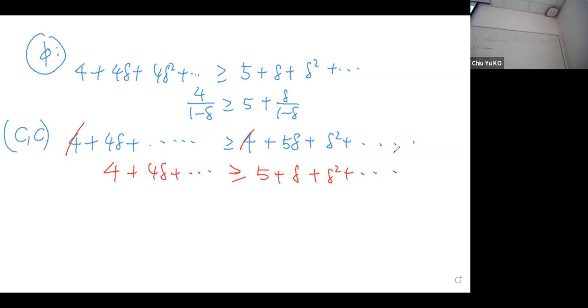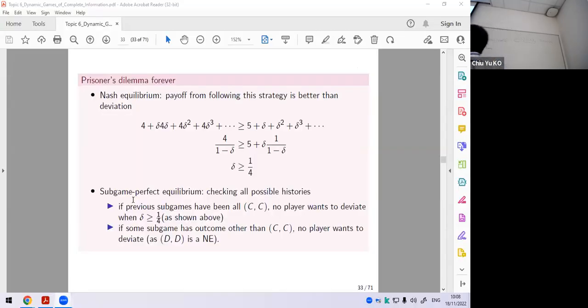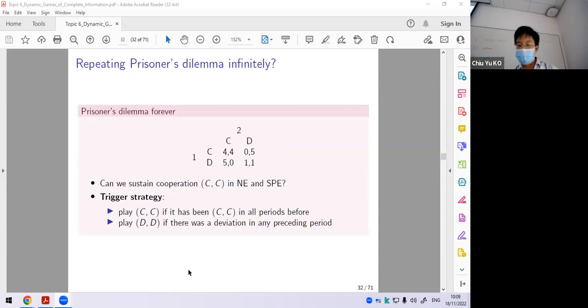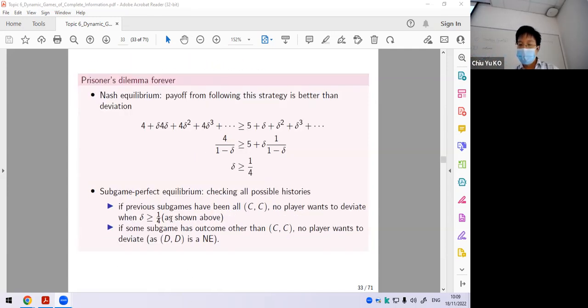Now, how you can check subgame perfection is to check all possible histories, meaning all nodes where you have to decide. The history according to this game is either C or D, and you may also check other than CD.